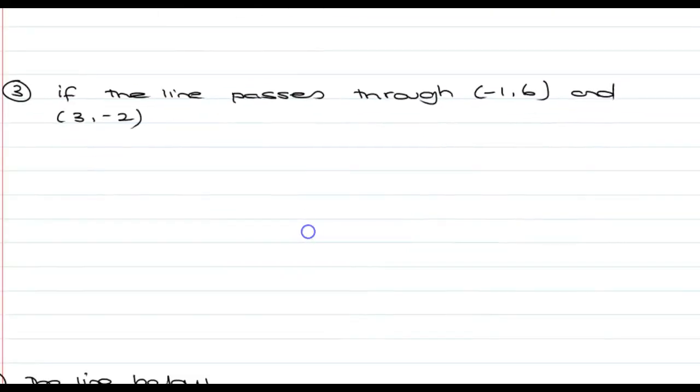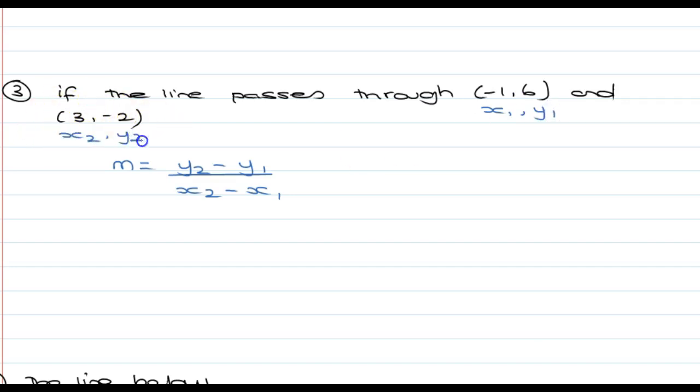Our third example is where we don't have any other information about the y-intercept or the gradient, but we do have two known points. Now, if you've watched the video on finding the gradient, then you'll know that the gradient is y2 minus y1 divided by x2 minus x1. So we take this one as the first coordinate, so this is x1, y1, and this is the second coordinate, so we call this x2, y2.